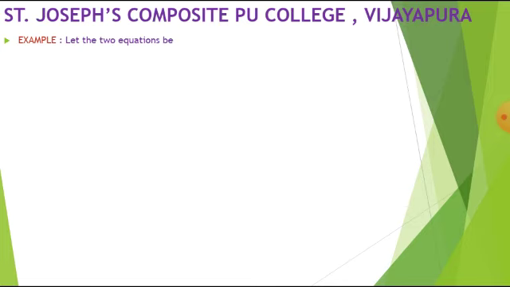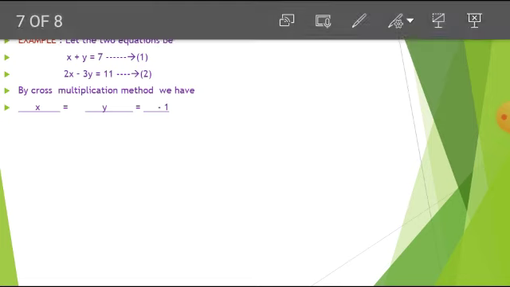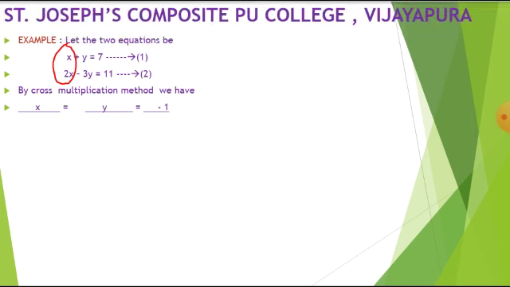Let the two equations be x plus y is equal to 7, first equation, and 2x minus 3y is equal to 11, the second equation. By the cross multiplication method, we have x by, according to the formula we have just taken, you have to leave the x column and take the other terms.